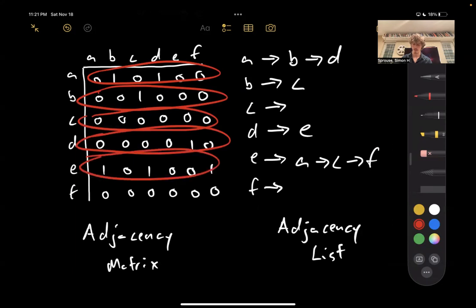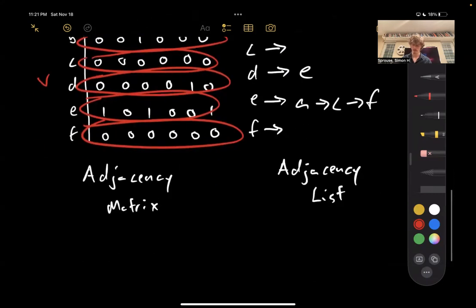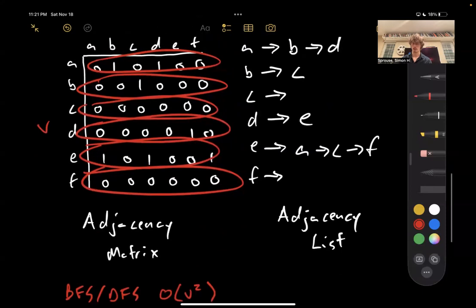And this number is going to be the number of vertices here and the number of vertices here. So doing DFS or BFS is going to be this expensive, V squared. As you can see, just geometrically, this is true.